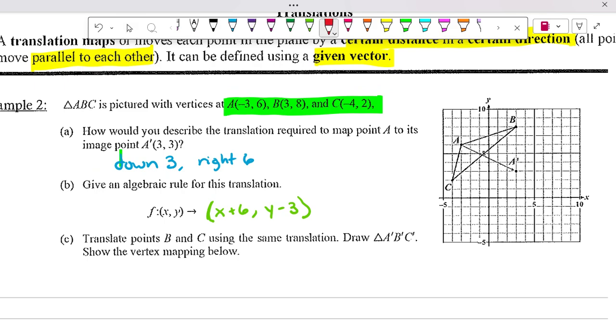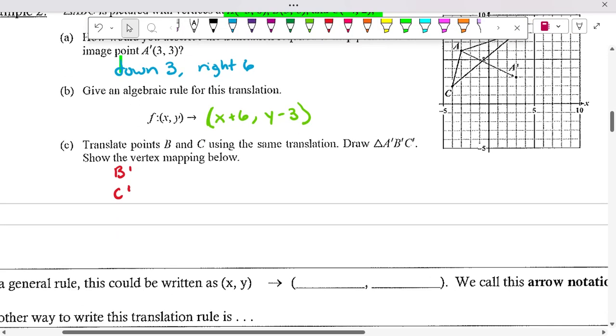Find B prime and C prime and go ahead and graph it as well. So you know the rule, just use it. Thumbs up if you're ready. Okay. One more minute.